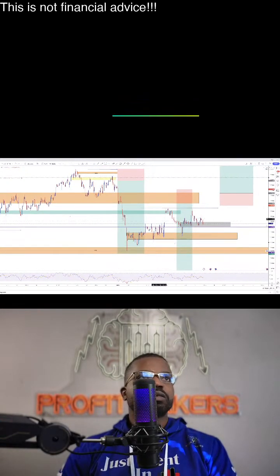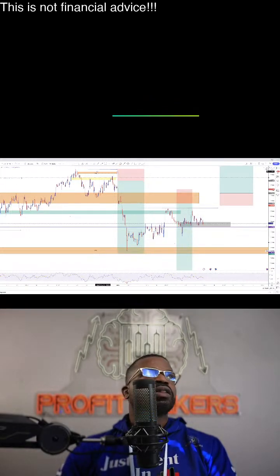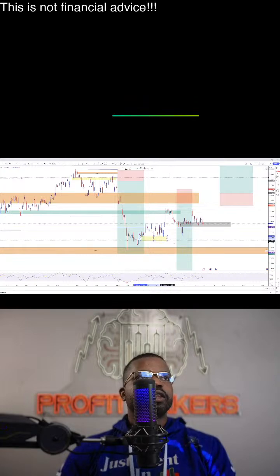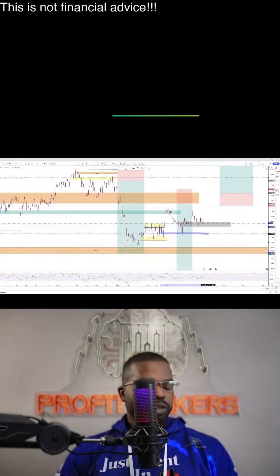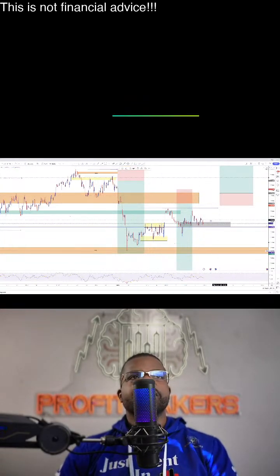So with the system, you got consolidation, price broke above, retested this low, and now it's consolidating again.